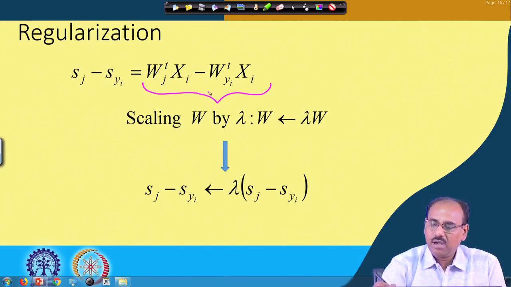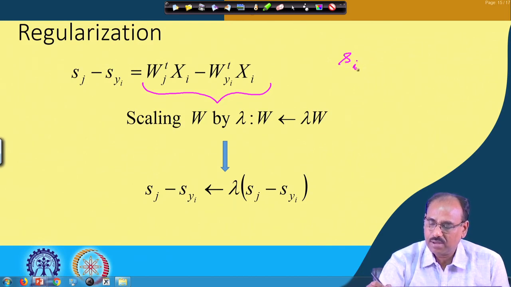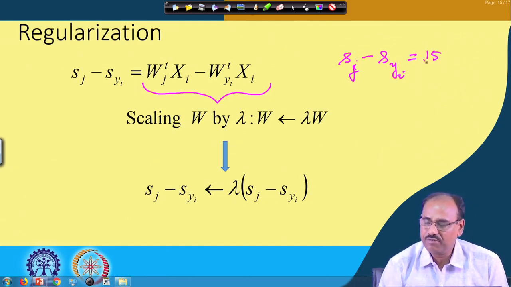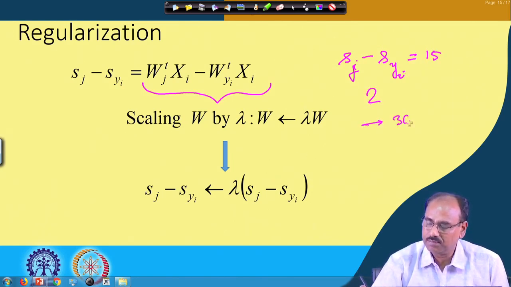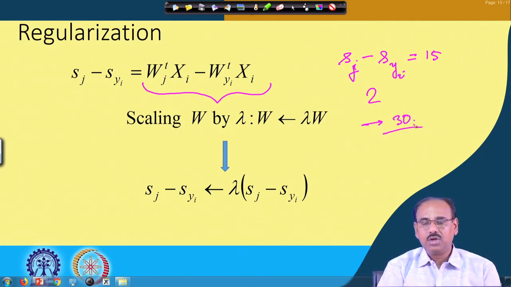So, if for some W my Sj minus Syi was say 15, now if I scale up W by 2, then this Sj minus Syi will be 30.